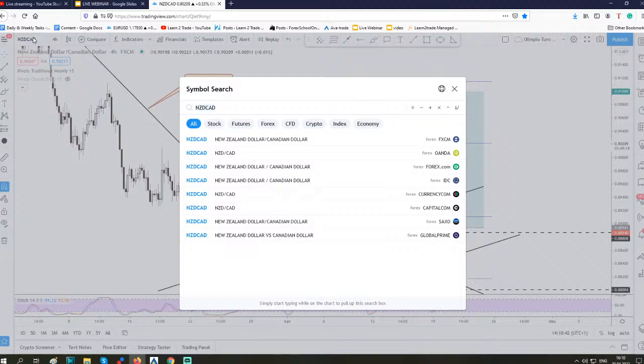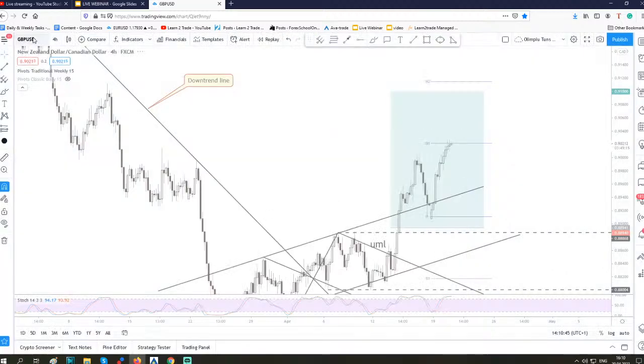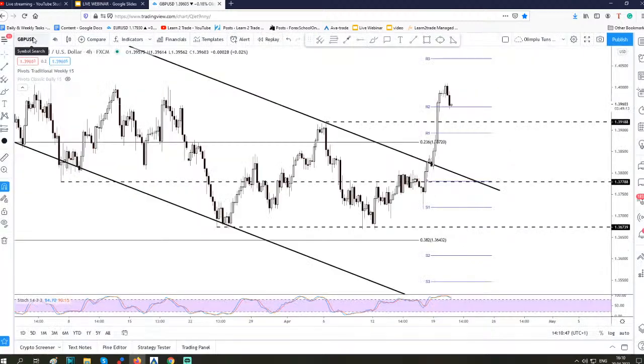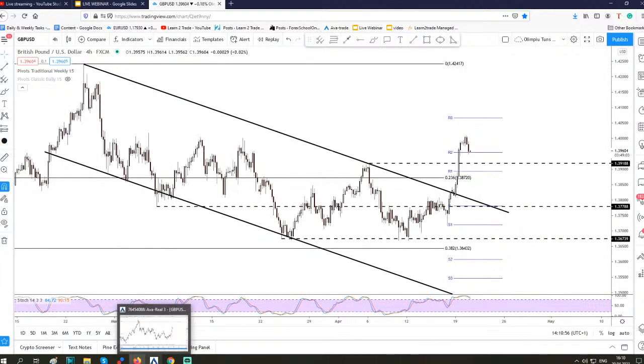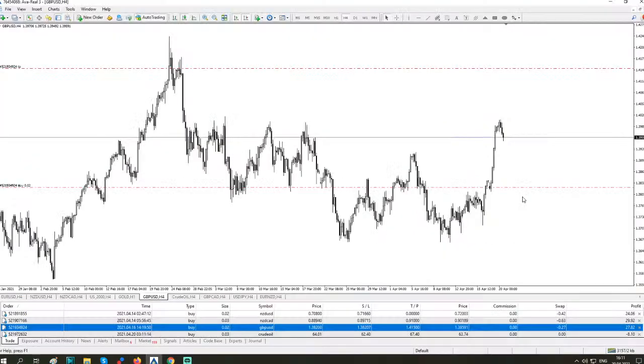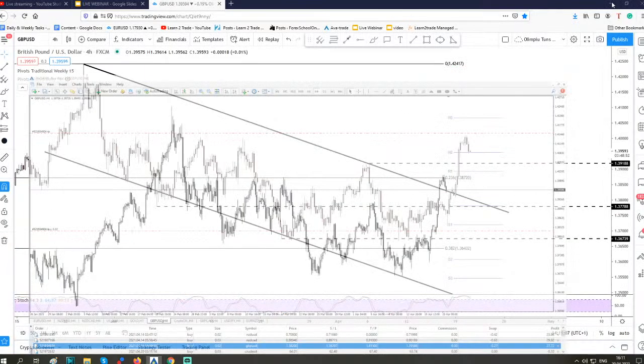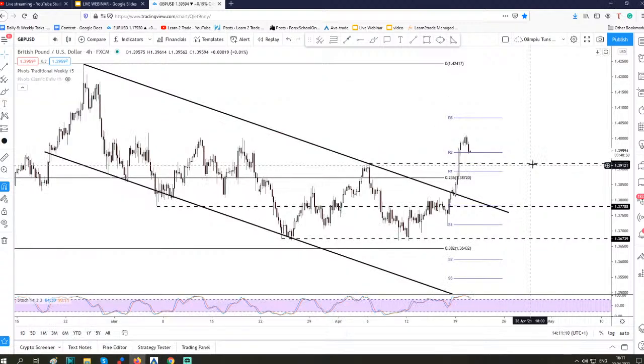The pair is bullish and it could continue to increase after this temporary decline. So the position runs in profit, as you can see here. Okay, and right now the price decreases a little, and we will talk about US oil as well.